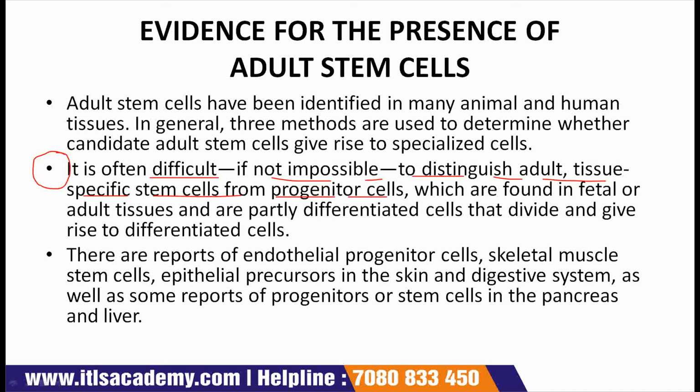It is very difficult to distinguish whether a particular cell is an adult stem cell or a progenitor cell, which are found in fetal or adult tissues and are partially differentiated cells that divide and give rise to differentiated cells. Differentiated cells are types of cells that have their particular function assigned.